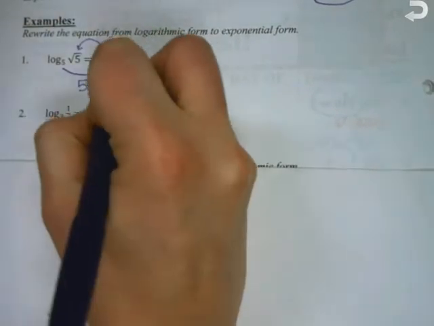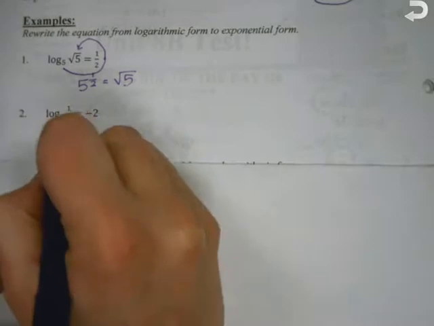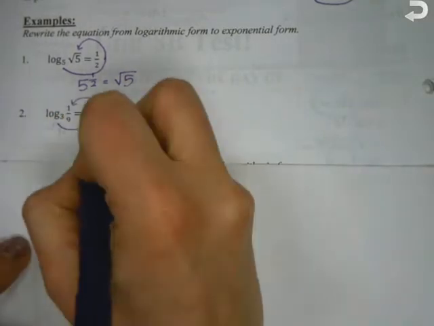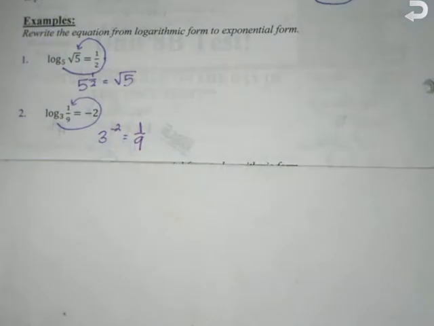And is that a true statement? It is a true statement. Okay. So will you guys do number 2 really quick? So what did you guys get for number 2? Excellent. 3 to the negative 2 equals 1 over 9. True statement? Yep. Okay. So let's go the other way now.